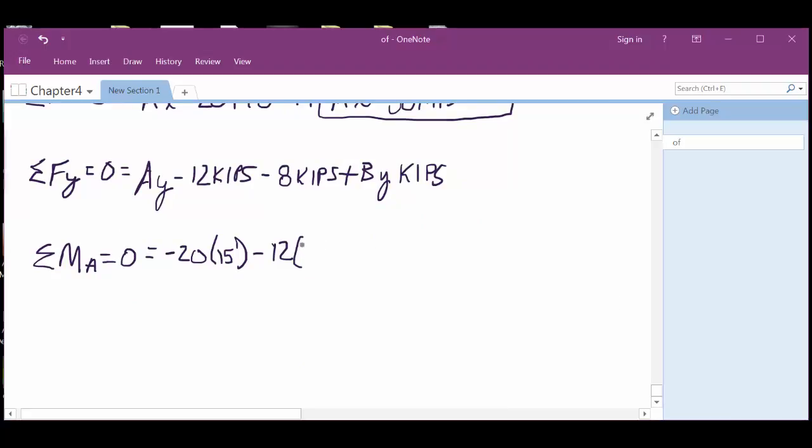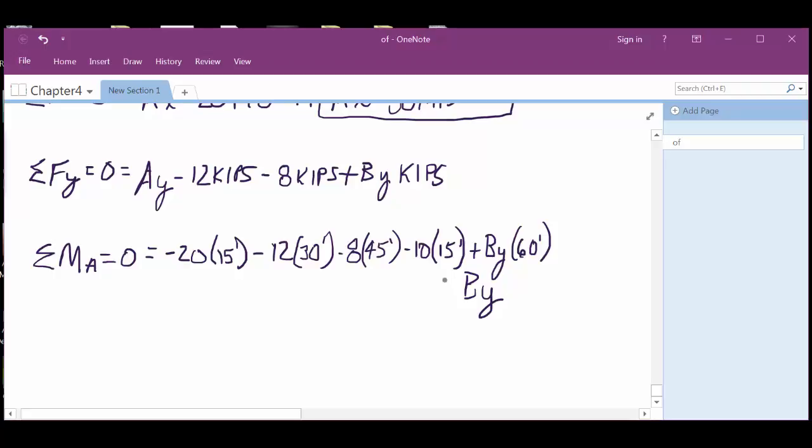30 feet on the 12, minus 8 kips at 45 feet, minus 10 kips at 15 feet, plus BY at 60 feet.